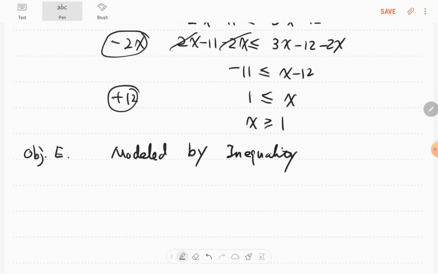Make sure you know at least means no less than, at most means no more than. So for these two kinds of phrases, we also include the equal sign. So let's try to check.